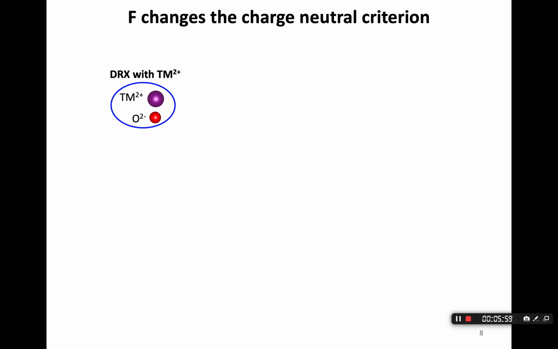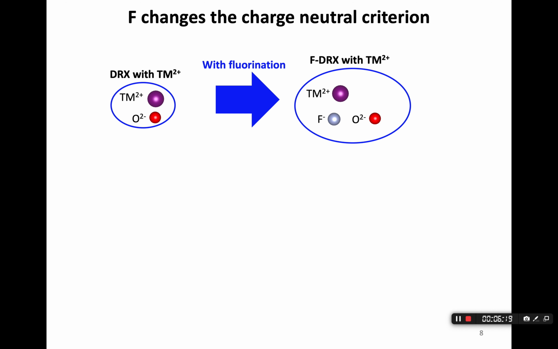And now if you look at the physics picture that I mentioned in the last video, you probably will understand what exactly happens. If you have a 2+ in the materials, they prefer to directly bond with oxygen, because they can form a local charge neutral. But if you have a fluorine, now the charge neutral will be broken because fluorine has a 1- anion charge state.